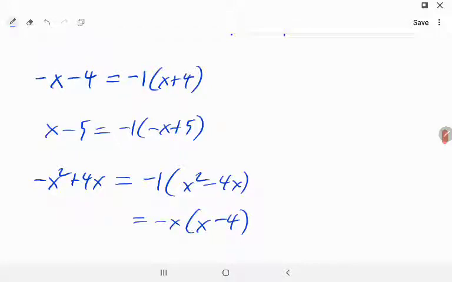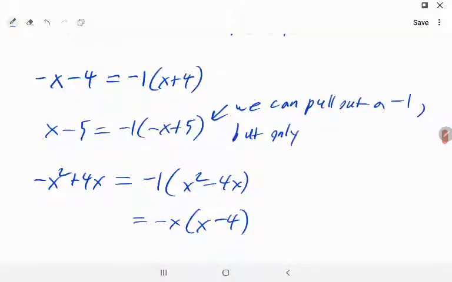But we don't typically pull a negative 1 out unless there's a reason to. We can pull the negative 1 out, but only do so if there's a reason, and we'll see some of that in a later section.